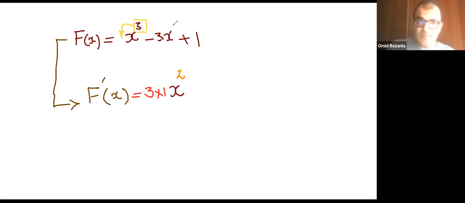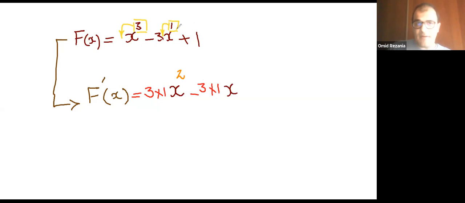For the next one, look at that. The power of this term is 1. I'm going to take 1 and slide it in front of the original coefficient, which means it becomes minus 3 times the power, which is 1, and I'm going to get x.